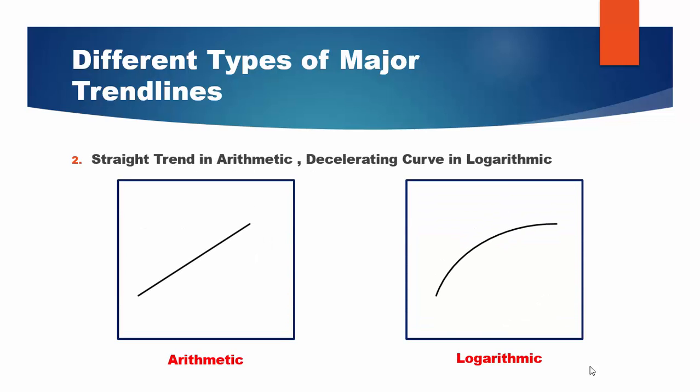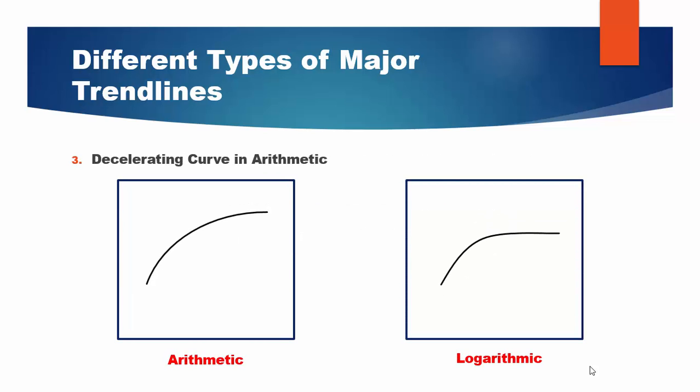The second type shows us a straight trend in arithmetic scale, and as a consequence, we expect a decelerating curve in logarithmic scale. For analyzing this type, arithmetic scale will give us a better perspective.